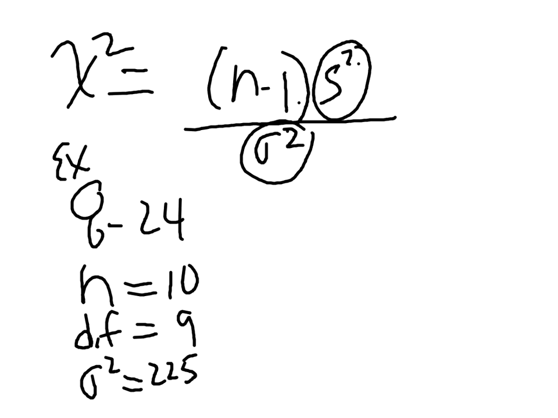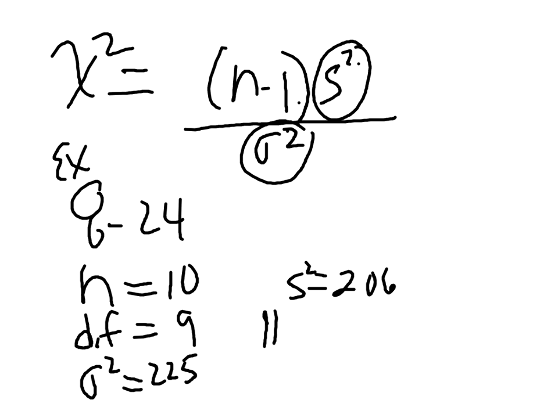Recall that in this case, they have given us sample variance and population variance, so those do not get squared. Had they given us, for example, the sample standard deviation, then we must square that for the formula.